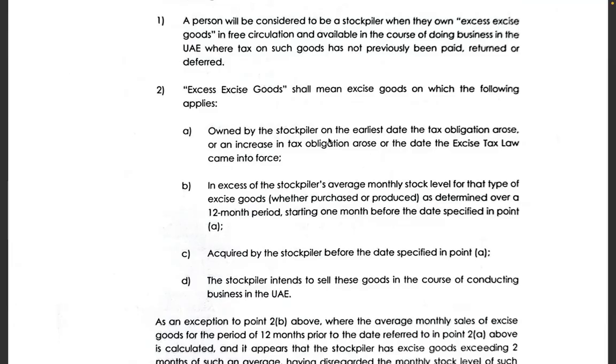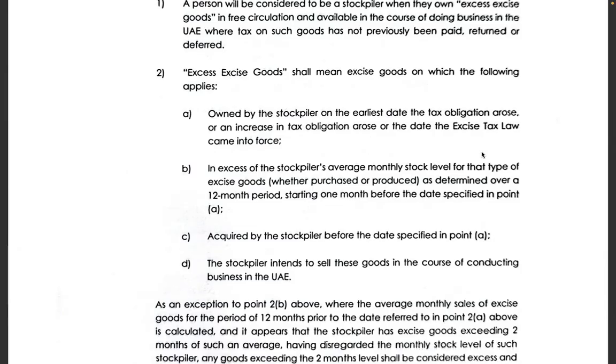Owned by the stockpiler on the earliest date, meaning these goods were owned by the stockpiler on the earliest date the tax obligation arose. So there was a tax obligation that became due, or there was an increase in tax obligation, or there was a transitional period where excise tax became effective. So in short, there was a tax obligation, with emphasis on the excise tax obligation.